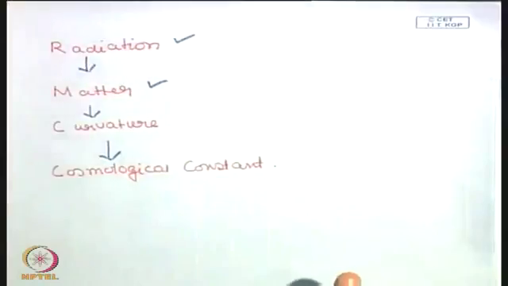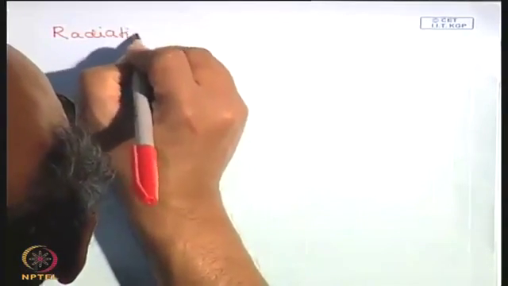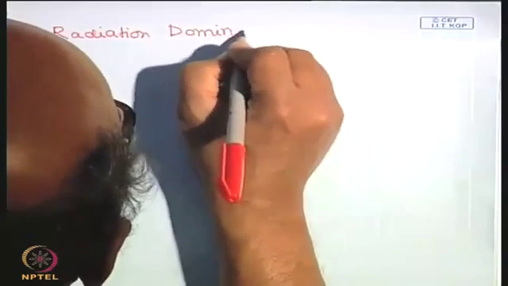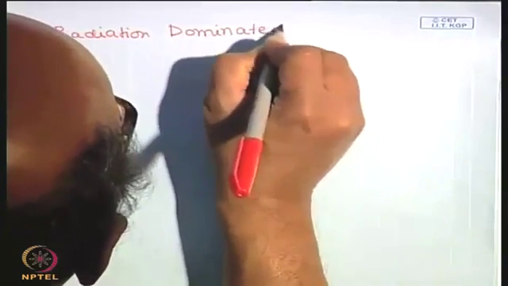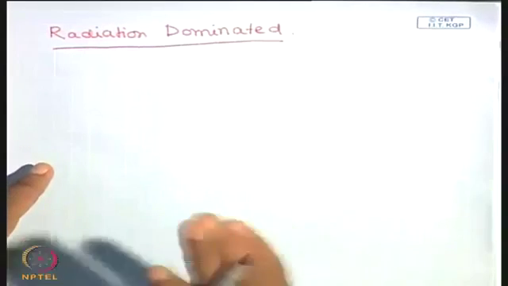Okay, so in such a situation, this is a radiation dominated universe, and the early universe we know is going to be radiation dominated, because the density of radiation, of relativistic particles, will increase as a to the power minus 4 if I go back in time.